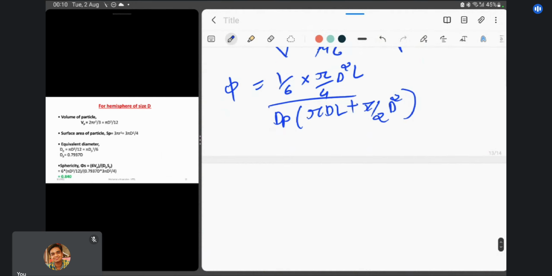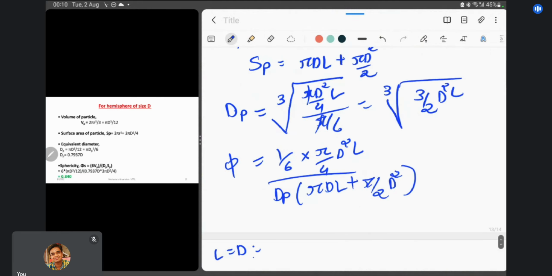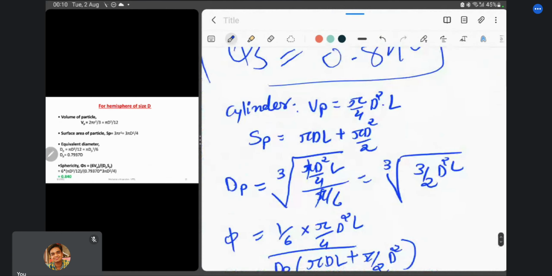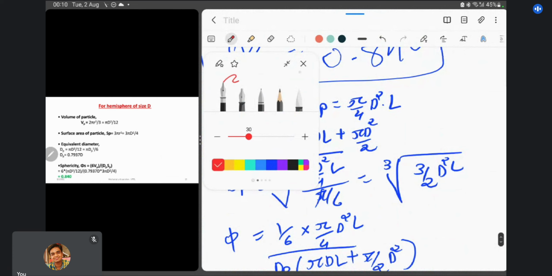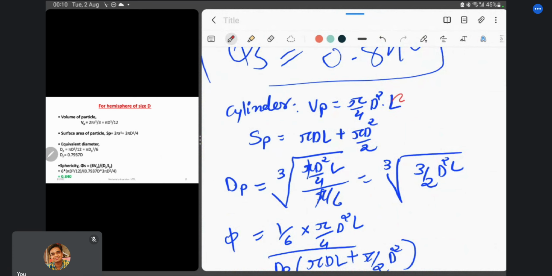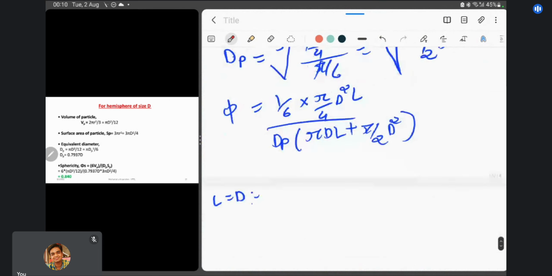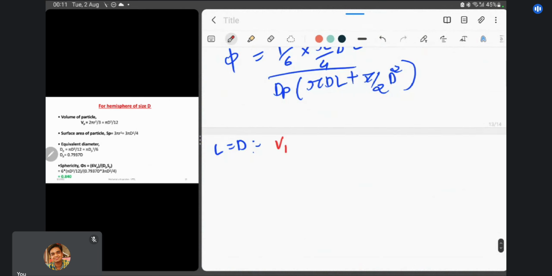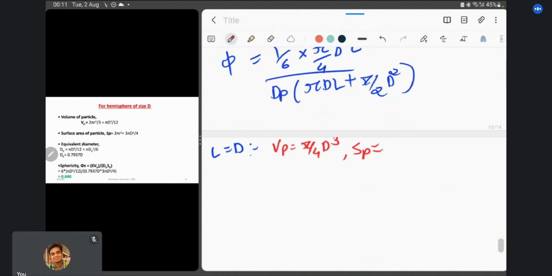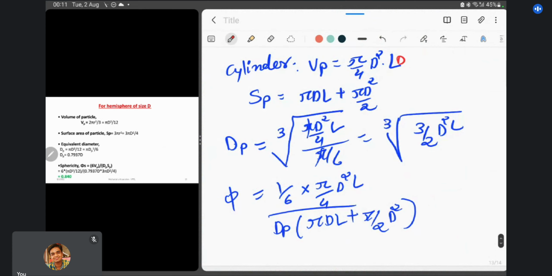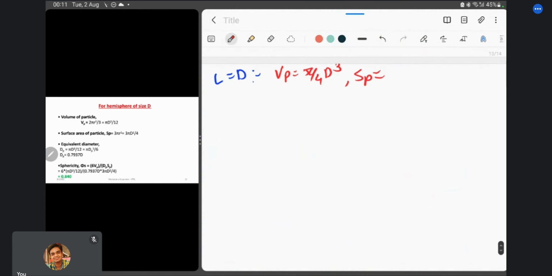Now there may be many cases, like L is equal to D. If you consider L is equal to D, then put the value of L equal to D. So Vp is equal to pi by 4 d cube. Sp is equal to pi d square plus pi d square by 2, so 3 pi d square by 2.